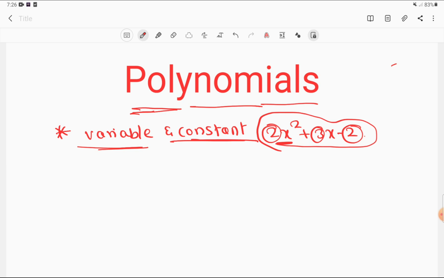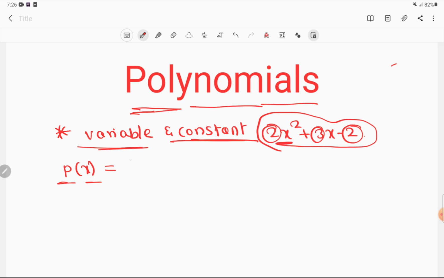So how do we write a polynomial here? Any polynomial can be given a name like p of x, g of x, f of x, any name. P means polynomial. That polynomial has which variable? X variable. If the polynomial has variable y, then p of y. If the polynomial has variable a, how do we write? P of a.